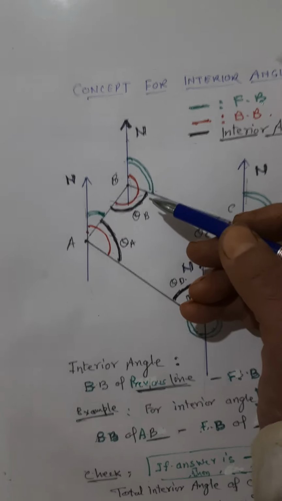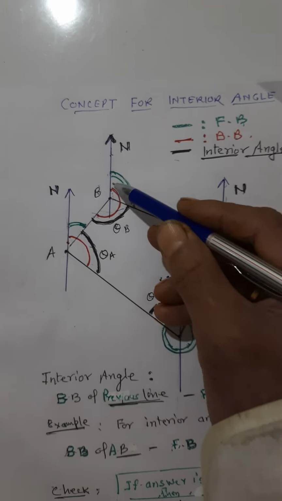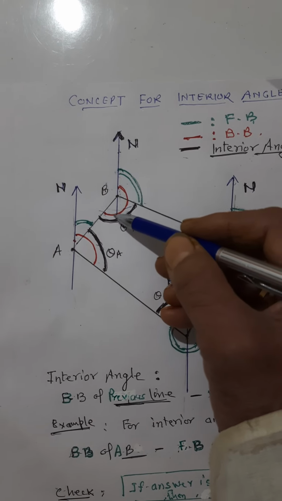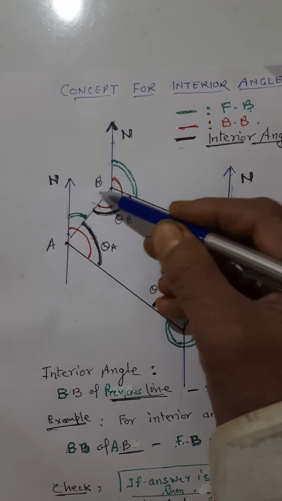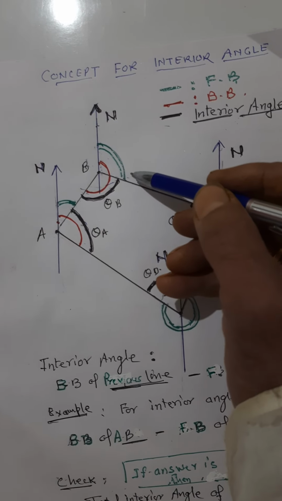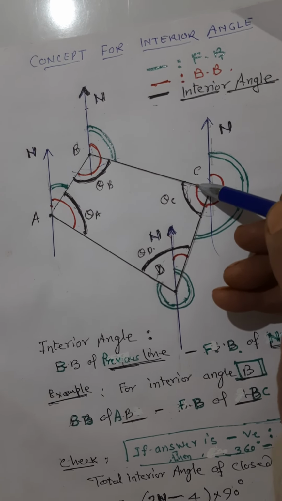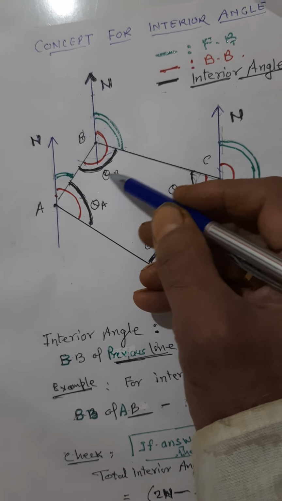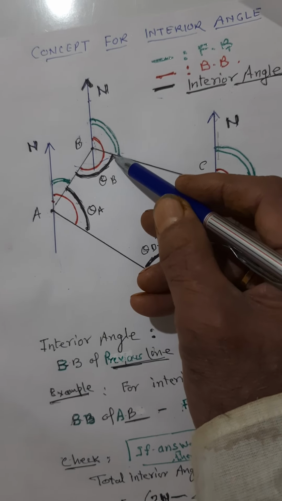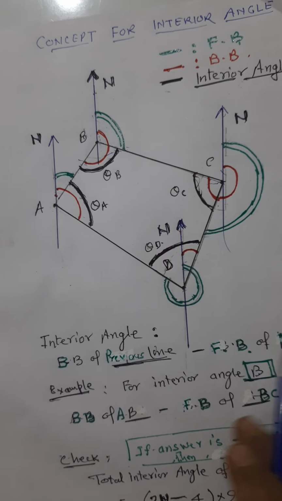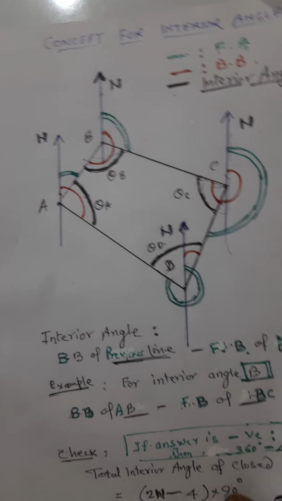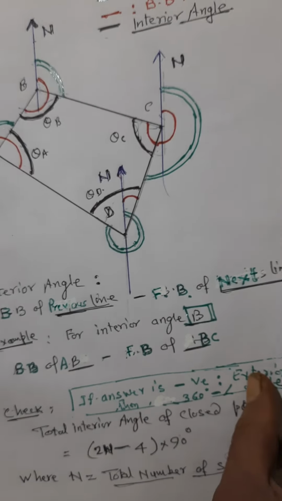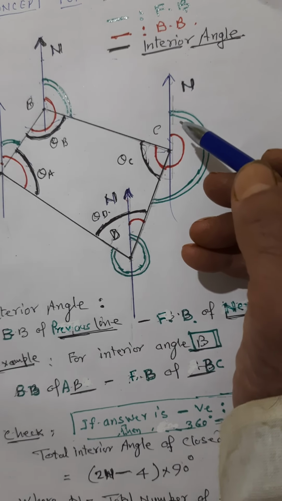Our mathematical expression will be: the backsight of the previous line minus the foresight of the next line will give the interior angle theta B. Let us check it from here.